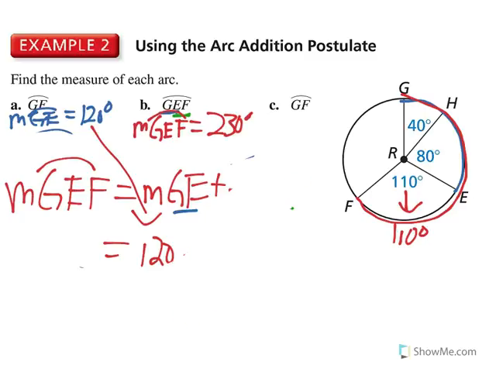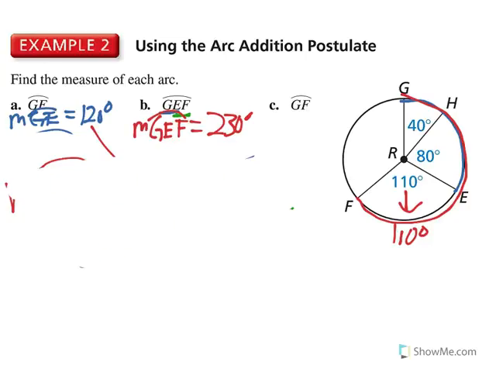And then our last one, GF. GF is the only one that we don't have any information on, okay? But I can just subtract, since I already know the rest of it. GF is this part, but all the red is the rest of the circle.